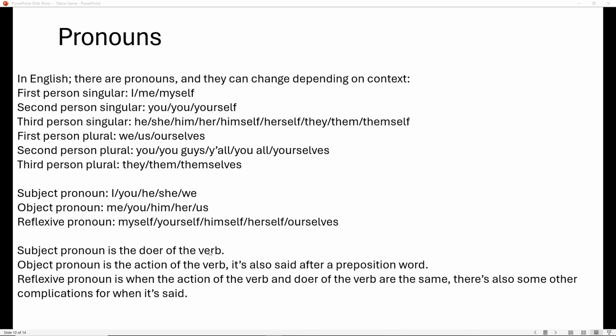So for example, it's I see you. I'll just use he or she for this to make it simpler. So I see him, right? So him, because he's receiving the action of the verb, like this, you've seen him. But then it's he sees me, so that changes it a bit. And then it's I see myself if the object of the pronoun is the same as the subject of the pronoun.